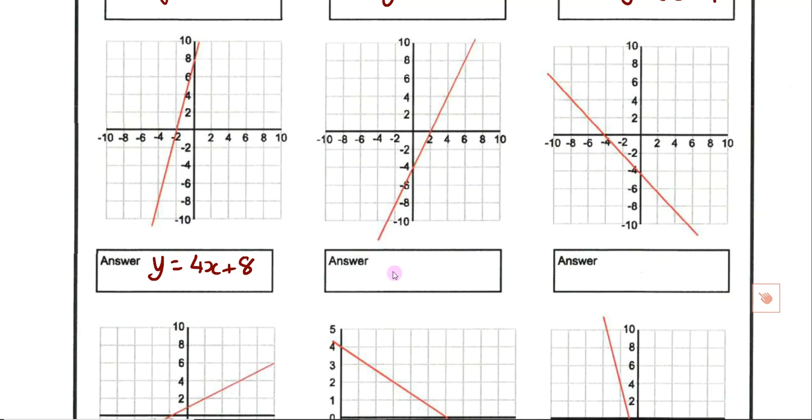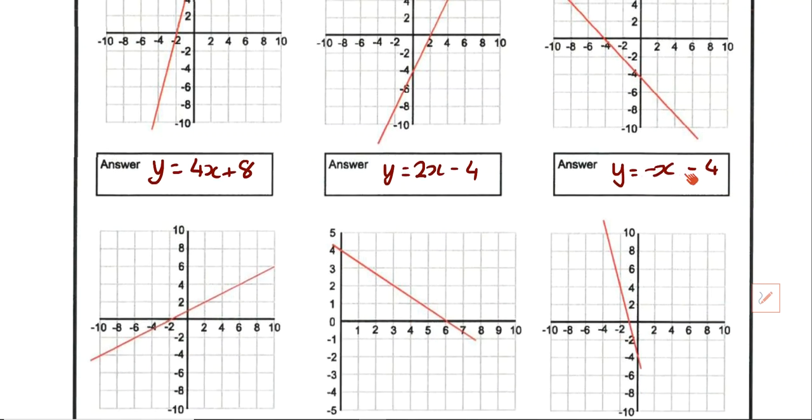Next one in line, 2x minus 4. This one. Negative x minus 4. Now, is there any point in rearranging this one? There is one thing that we can do though, and we could rewrite that. Sometimes people would do this: negative, brackets, x plus 4.